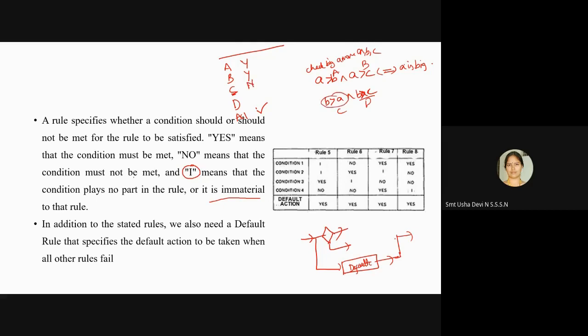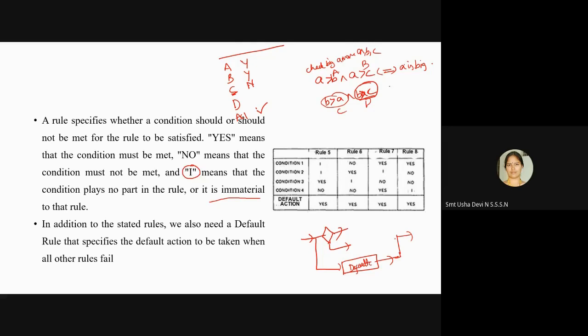So it takes N. What about this condition, B greater than C? If A greater than B and A greater than C are happening, and B greater than A is not happening, is it going to affect B greater than C? No, right?